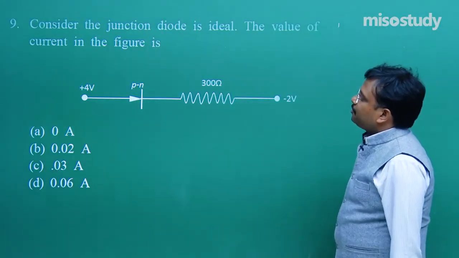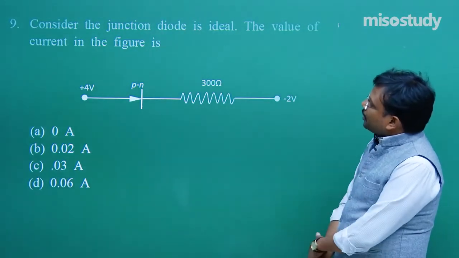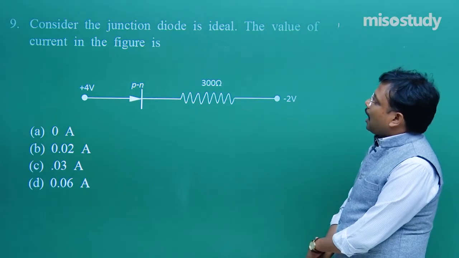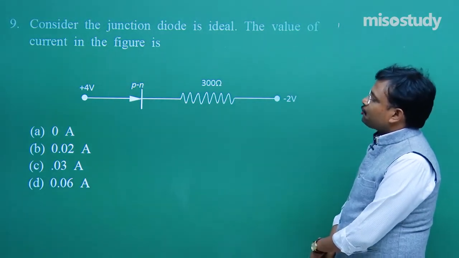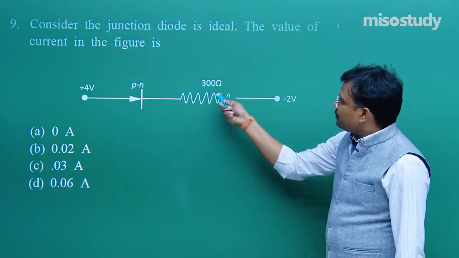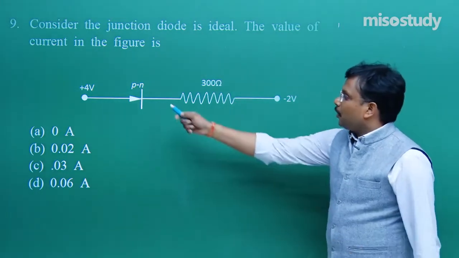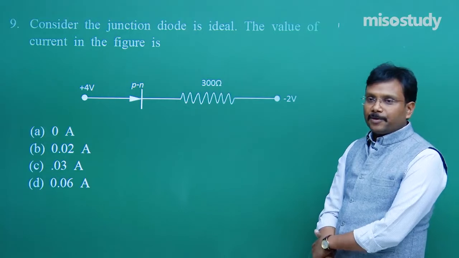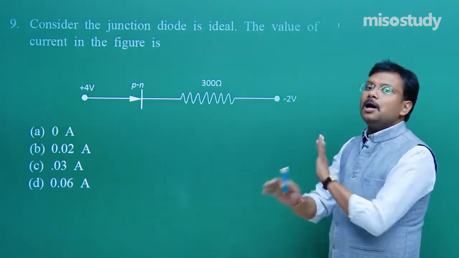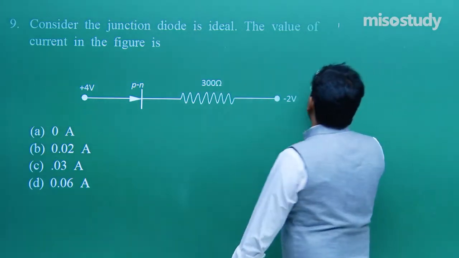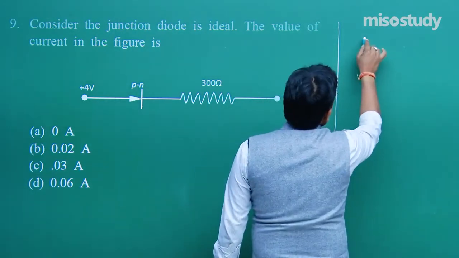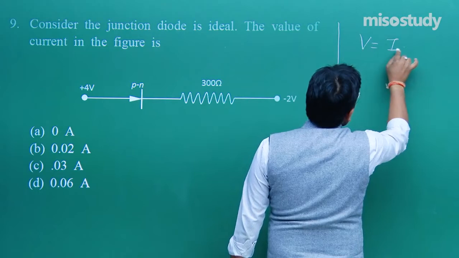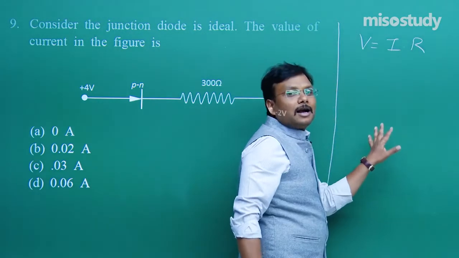Now here comes this situation. Consider the junction diode is ideal. Okay. The value of current in the figure is how much? Resistance is given, potential difference is given. Direct formula based question, no discussions required over here. So I am not wasting your time. Using V is equal to IR type of relation.